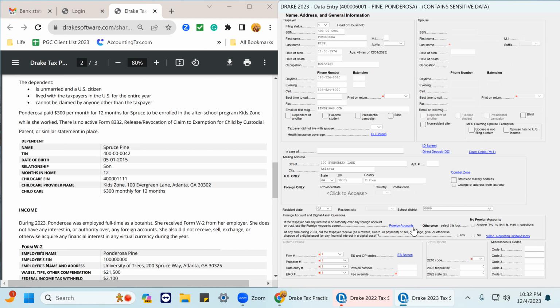When a client owns any bank account outside U.S., they call it a foreign account. If they have any foreign account with 10,000 or more balance on any day, even one day, you need to report it. You do not need to pay tax on it. However, if you don't report it, there will be a penalty.